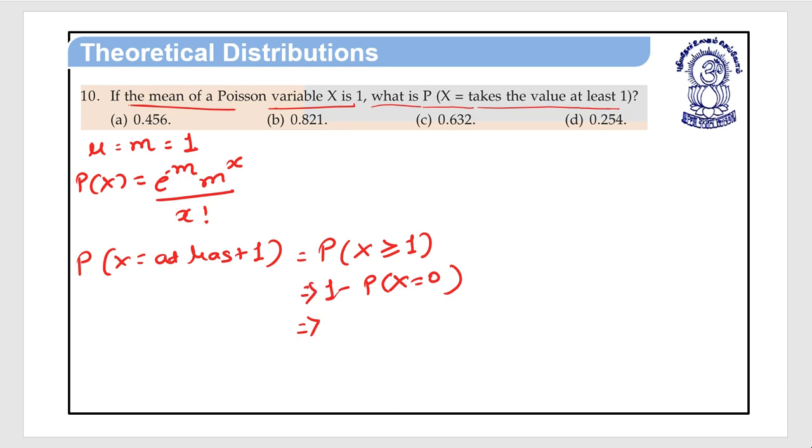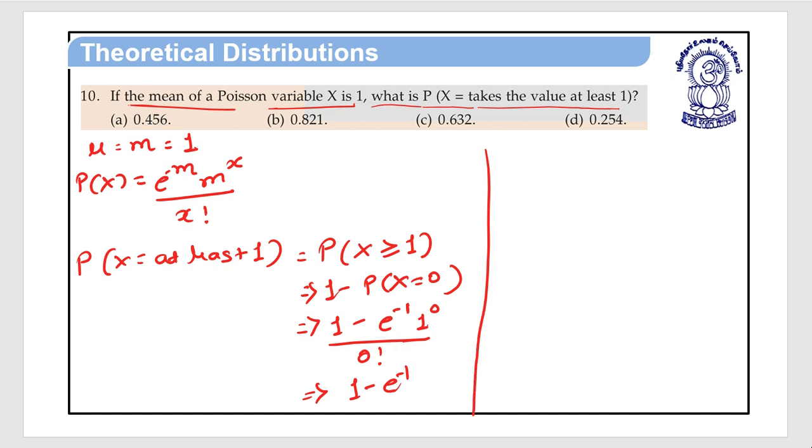So 1 minus e raised to minus 1, 1 raised to 0 upon 0 factorial. So 1 minus e raised to minus 1, so 1 minus 1 upon e, which is e minus 1 divided by e.